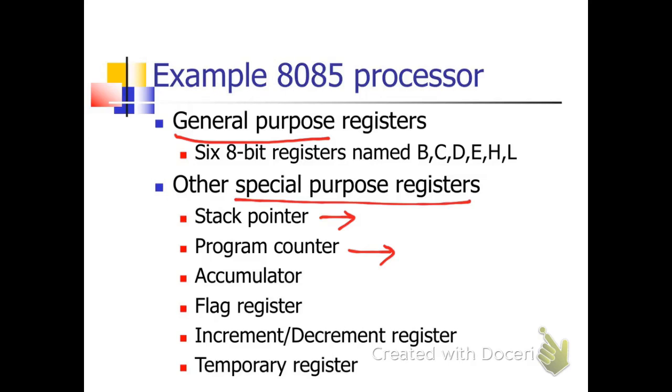For example, the stack pointer can only store the address of the top of the stack. Similarly, the program counter has a special purpose, which is to store the address of the next instruction to be executed. Similarly, the accumulator and the flag register all have special purposes. That's why they are known as special purpose registers.